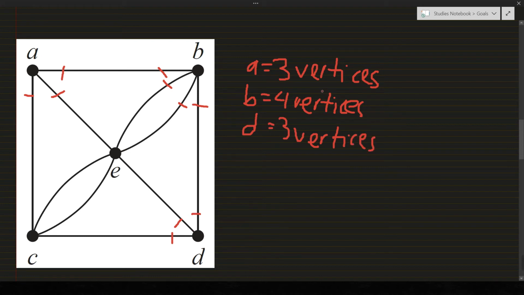What I mean by vertices here is the degree of the vertices, okay? After D, let's go to C. How many? 1, 2, 3, 4. C has degree 4. Lastly, let's look at E. How many? 1, 2, 3, 4, 5, 6.